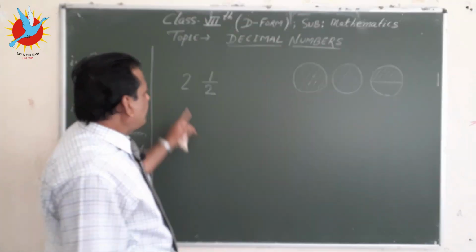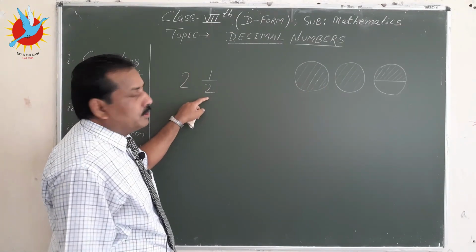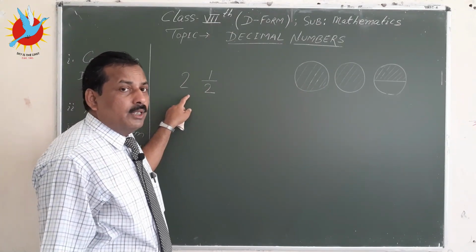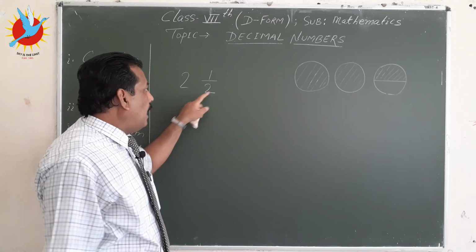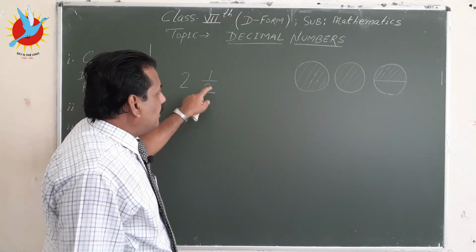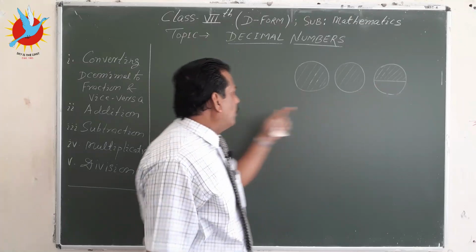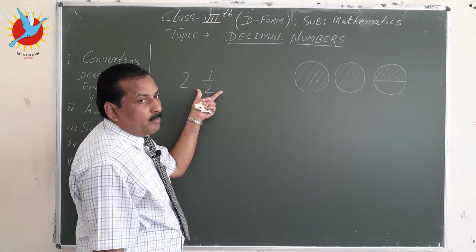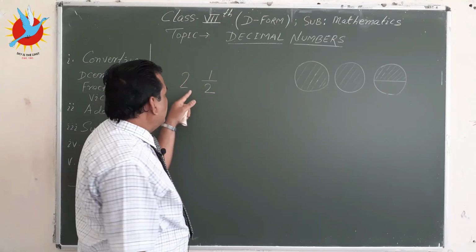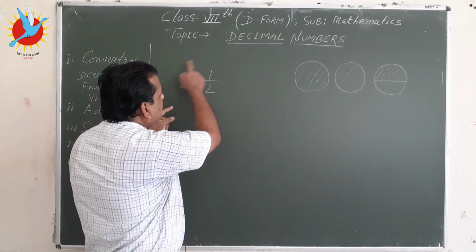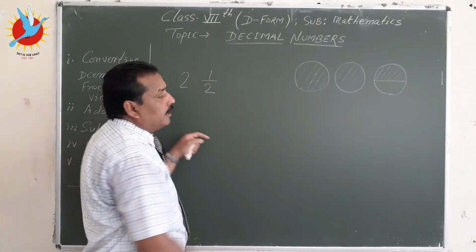So 2 and 1 by 2 means 2 is the whole part and 1 by 2 is less than 1. So this is a proper fraction, and together this is a mixed fraction, which we are already aware of.